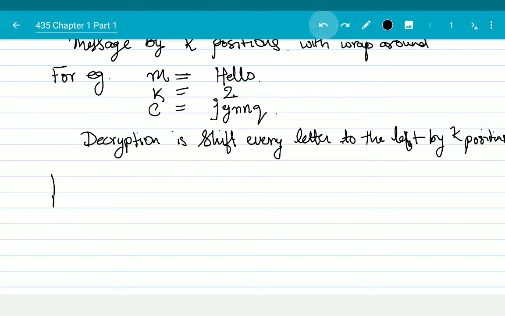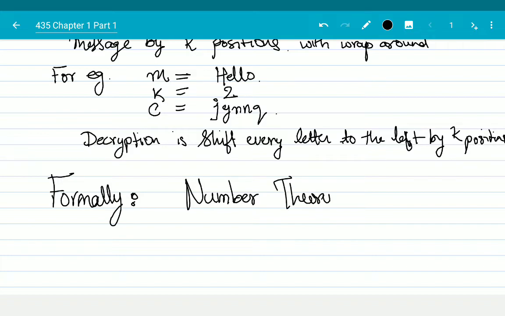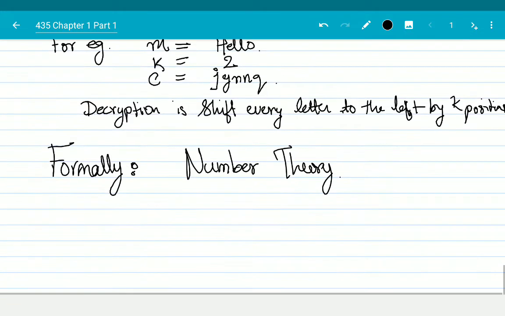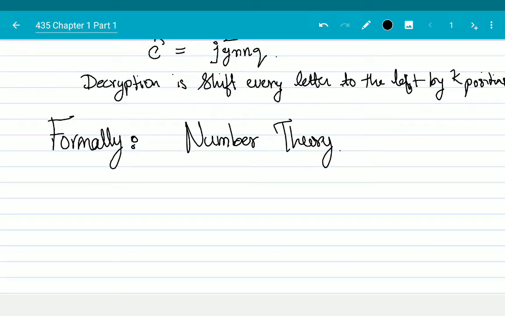So formally, number theory. What we are now going to define is going to be stronger and more useful than just for this cipher. Number theory is the study of numbers.